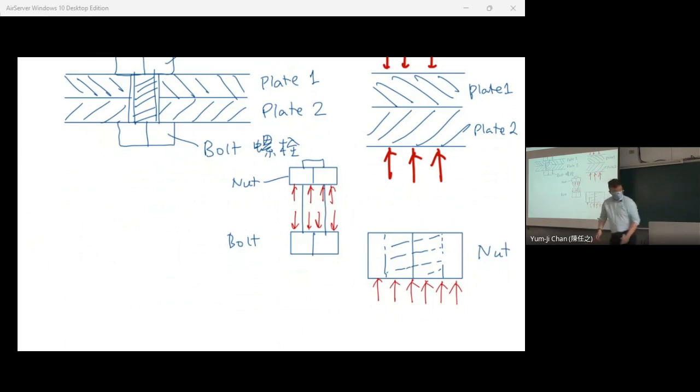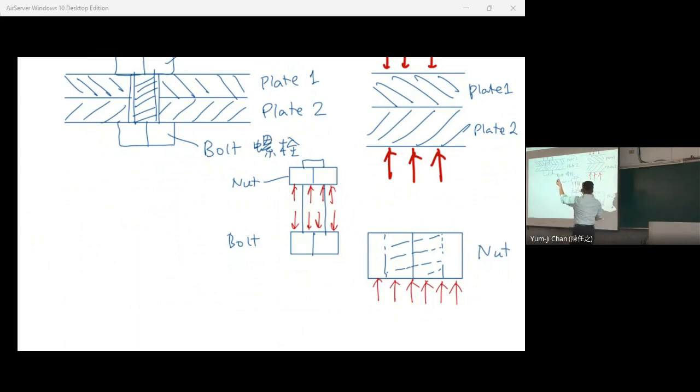Remember the bolt here. Take this and have a look.